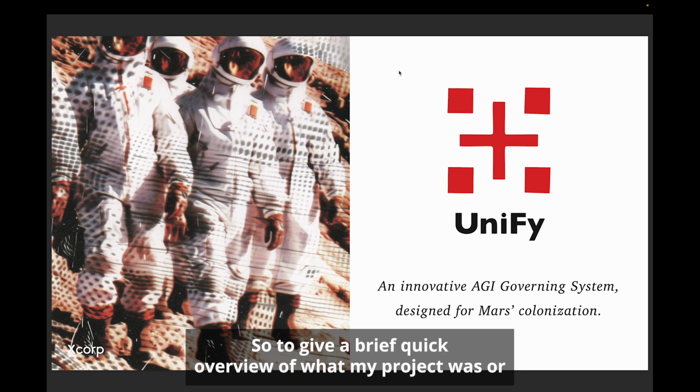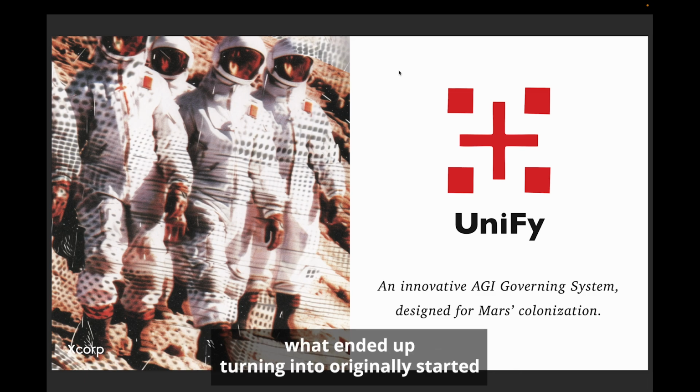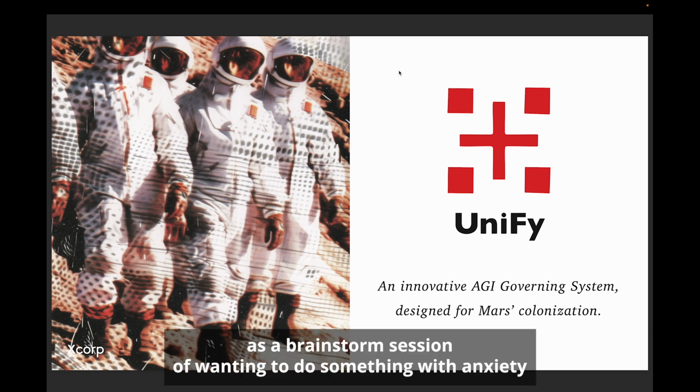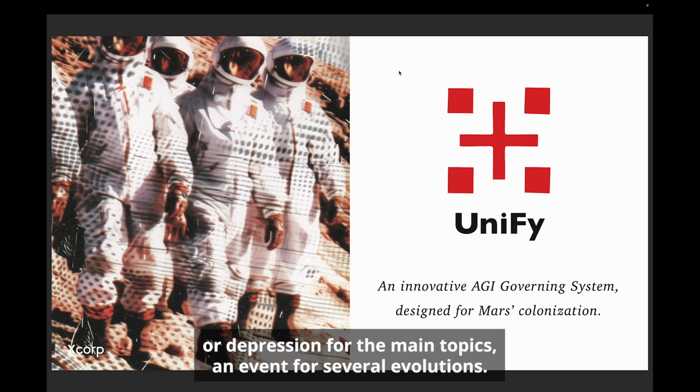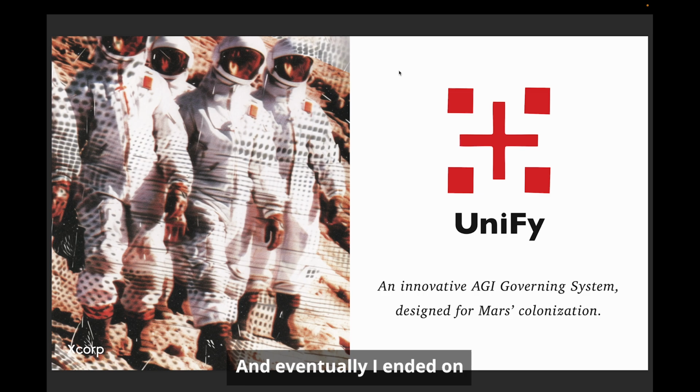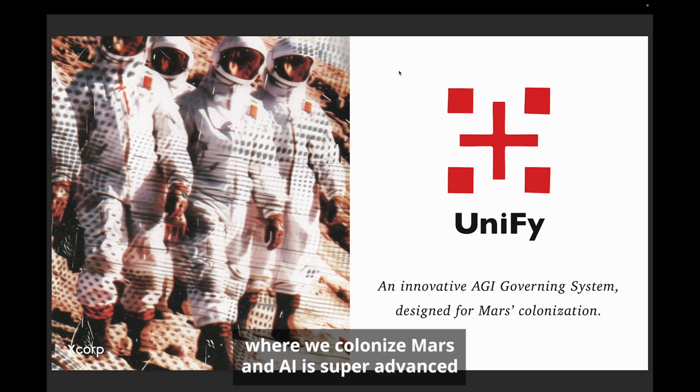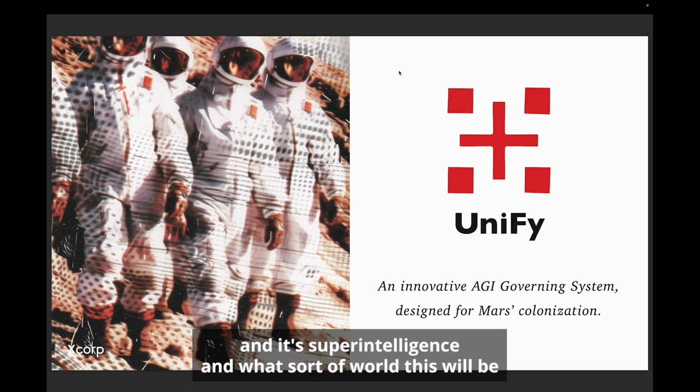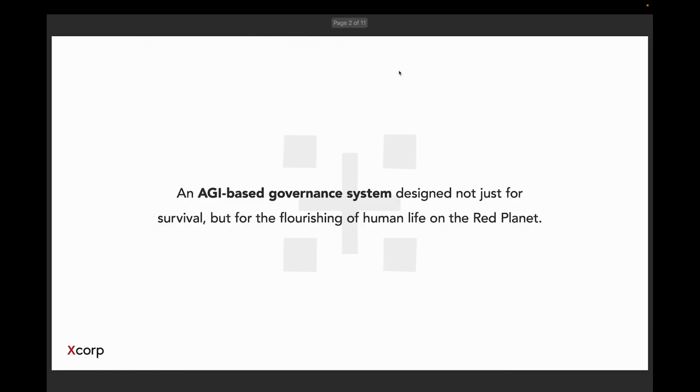So to give a brief, quick overview of what my project was, or what it ended up turning into: originally it started as a brainstorm session of wanting to do something with anxiety or depression for the main topics, and it went through several evolutions, and eventually I landed on this hypothetical future where we colonize Mars and AI is super advanced and super intelligent, and what sort of world this will be.